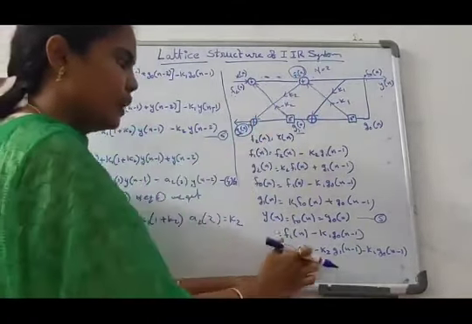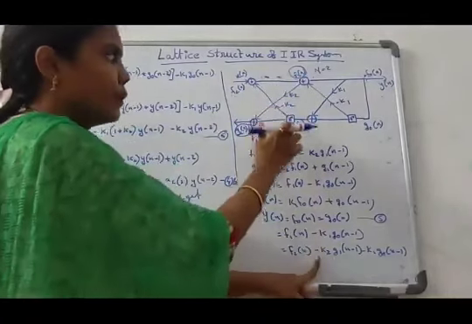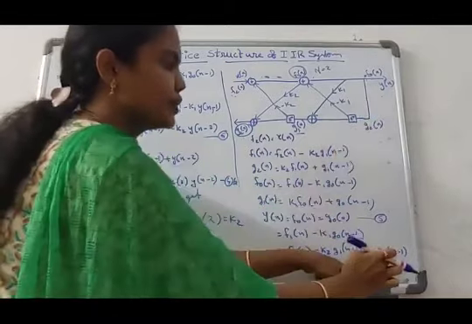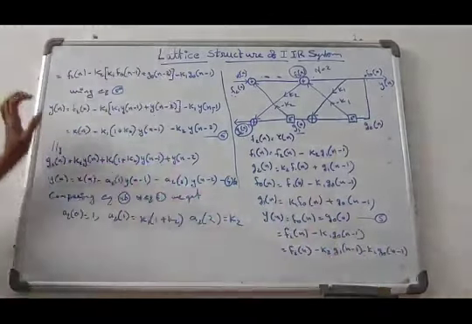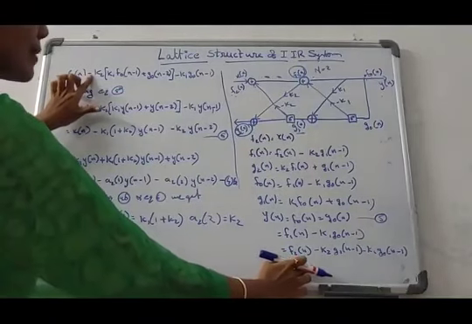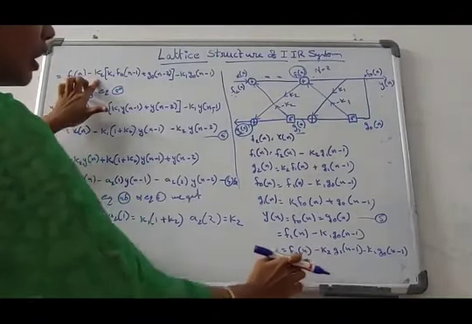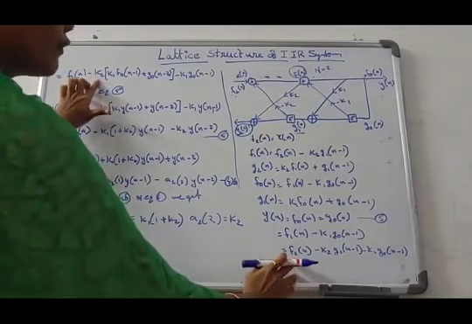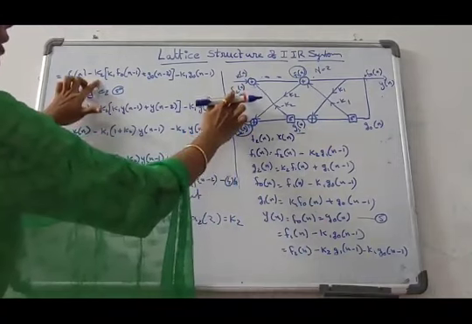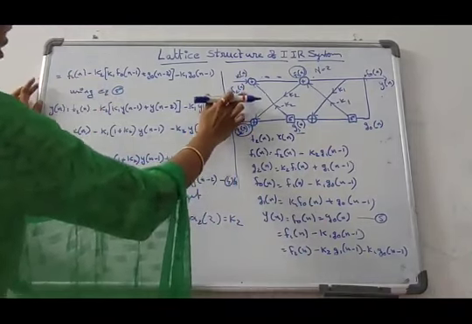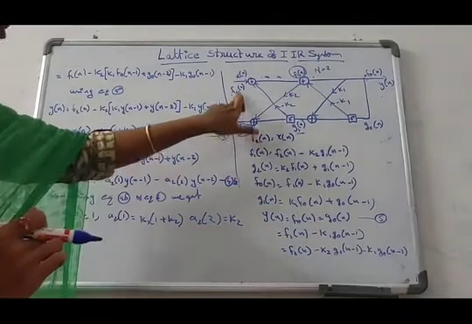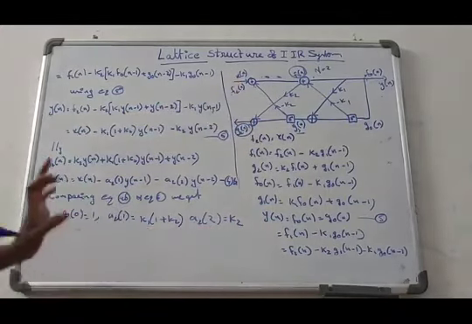F2 of n minus K2 into G1 of n minus 1 minus K1 into G0 of n minus 1. How to get F2 of n? F2 of n is nothing but x of n.